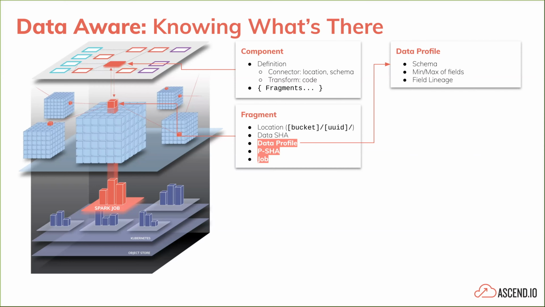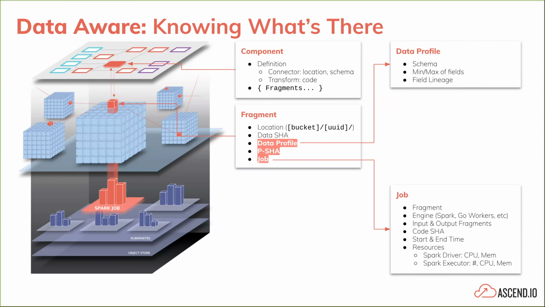And with all of these pieces, we're able to start answering questions like, did data come in late from when it was supposed to? That can come from the min and max of the fields. So we understand not just the SHA of the data, but the profile of the data, as well as the job that was used to produce that fragment. Was it on a Spark engine? Was it on a different engine?